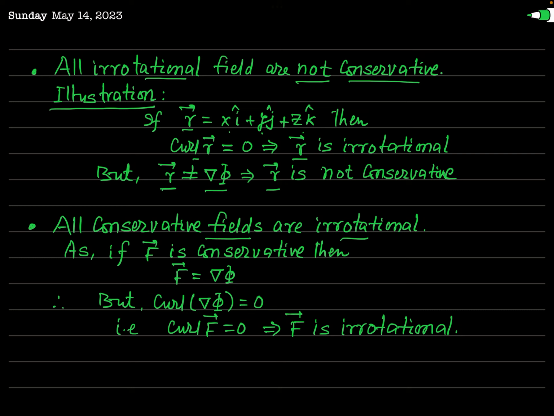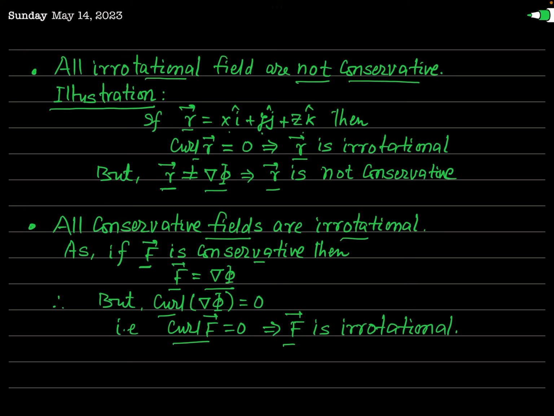You can see that if f is a conservative vector field, the necessary and sufficient condition for f to be conservative is that f must be equal to gradient of phi, f must be equal to del phi. And if f is equal to del phi, we know that curl of del phi is equal to 0. And so curl of f will be 0, and curl of f equal to 0 means f is irrotational.